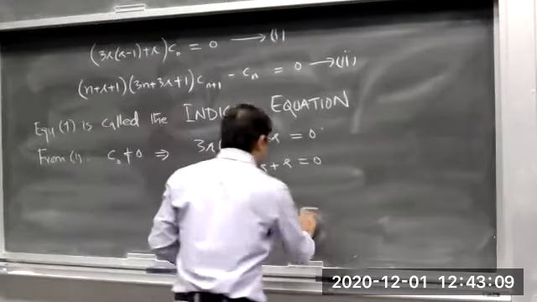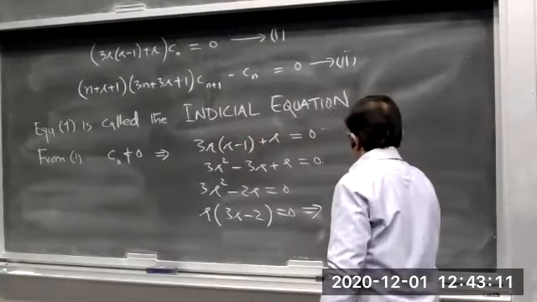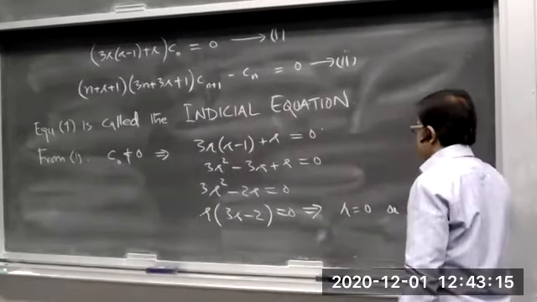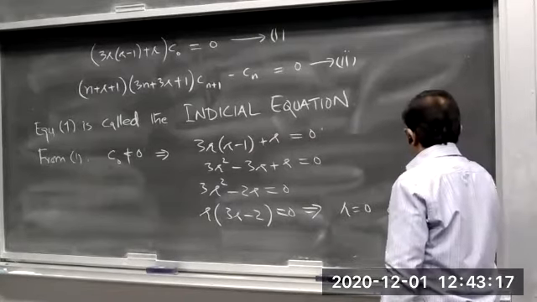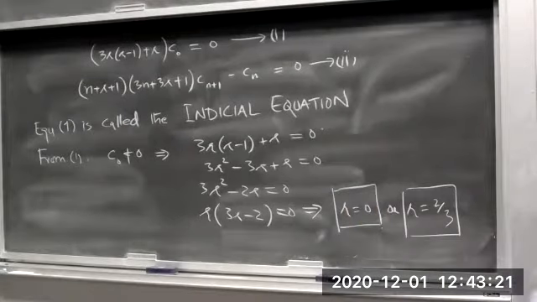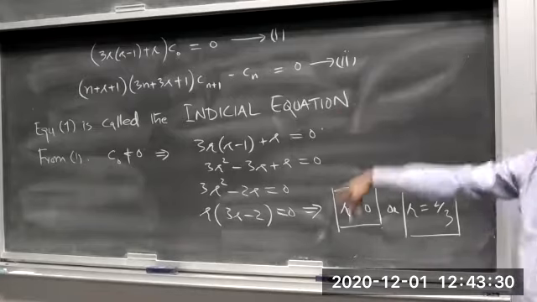From here, we obtain r is equal to 0 or r is equal to 2 by 3. So we obtain 2 values for r. These are the roots of the initial equation.